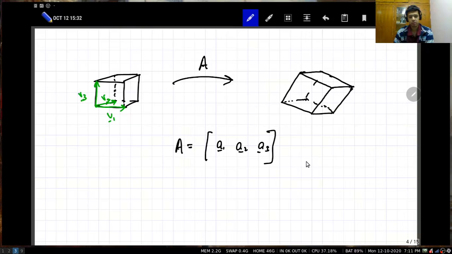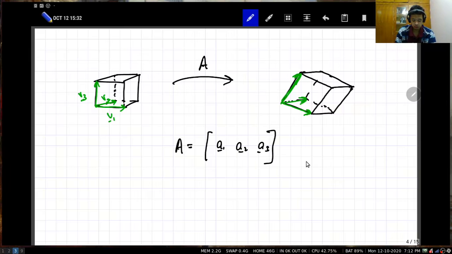So these are the three standard ordered basis vectors. When I multiply by A, each of these three vectors is transformed to something else. So maybe the first standard ordered basis vector is transformed to this, the second is transformed to this, and the third is transformed to this. So maybe these are the three columns of the matrix A, right?